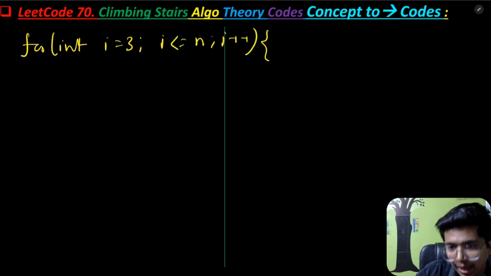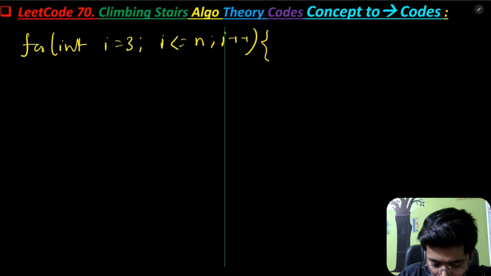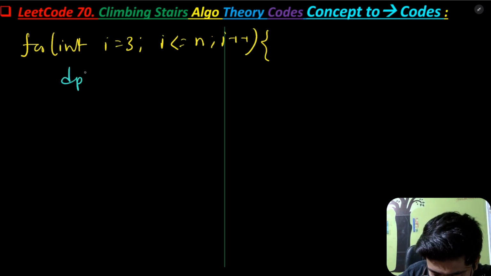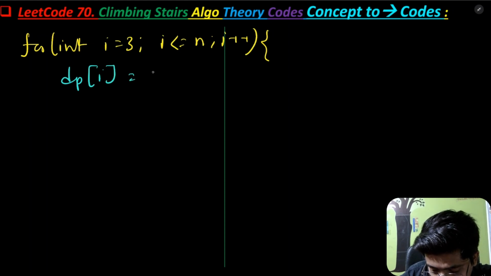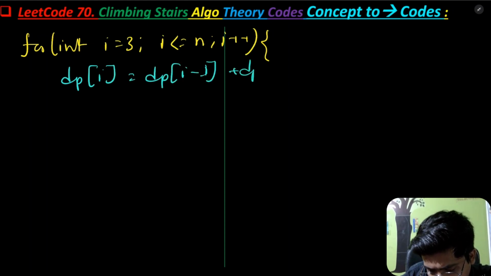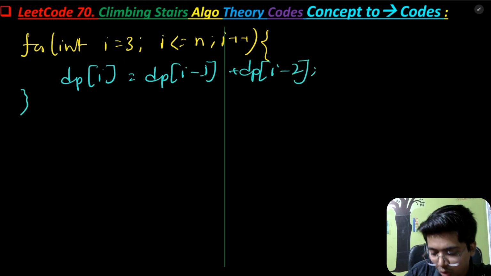So dp of i, that is dp of 3, equals dp of i minus 1 plus dp of i minus 2. So we applied this line of code, and every time, do you know what it did?